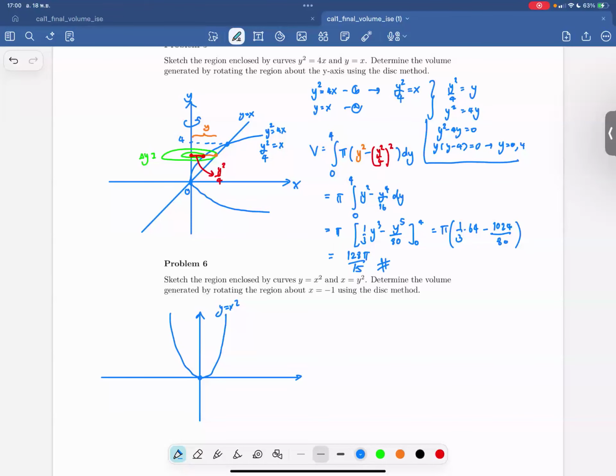It's also a parabola with the vertex 0, 0 over here. So the region should be here, and then we rotate about x equal to -1 here. So our ring should be like this.